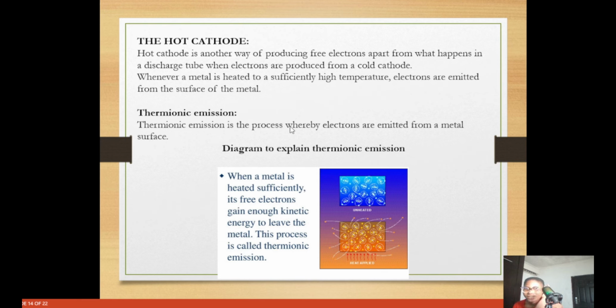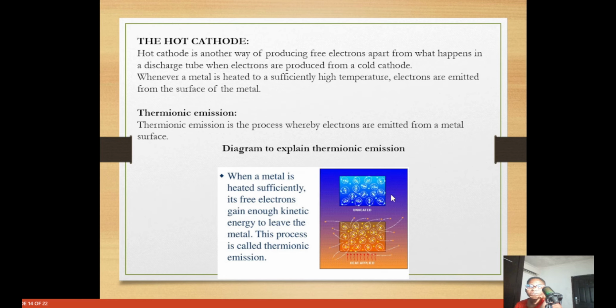Thermionic emission is the process whereby electrons are emitted from a metal surface due to the rise in temperature. When the metal is heated sufficiently, its free electrons gain enough kinetic energy. Kinetic energy is energy a body possesses by virtue of its motion. So they gain enough kinetic energy to leave the metal. This process is called thermionic emission.